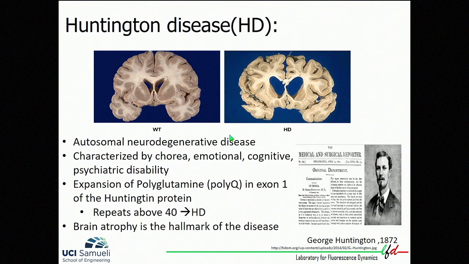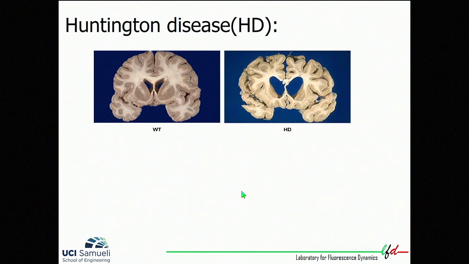For the first application, I'm going to show you an application using a model of Huntington's disease. And as you all know, Huntington's disease is a neurodegenerative disease. It's characterized by emotional, cognitive, and psychiatric disability, and in our example, we're using the exon 1 polyQ expanded form of the protein.